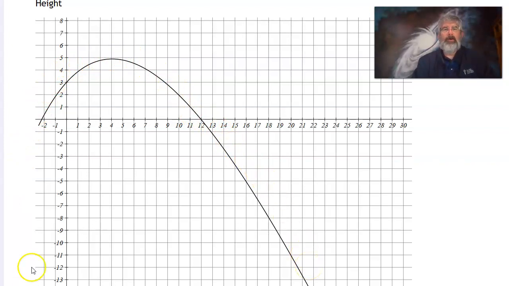The last thing I want to notice here is that from time 0 to time 4, we climb from a height of 3 up to about 5, and then to get back down to 3, it takes us clear out to here. So that was 4 units of time to get to the top, but 1, 2, 3, 4, almost 5 to come down. So it took longer to come down.